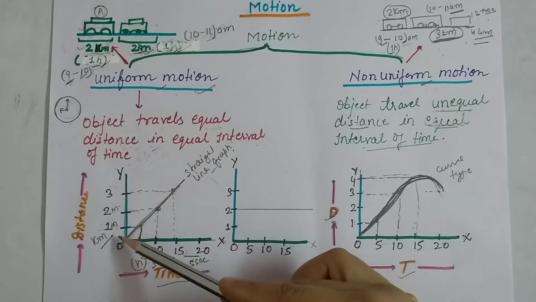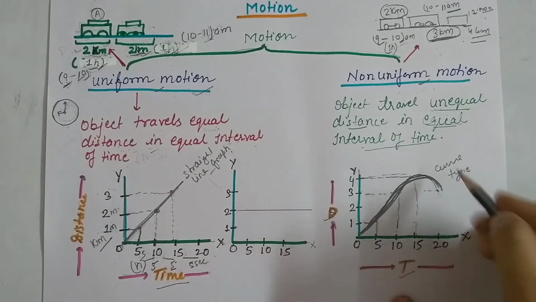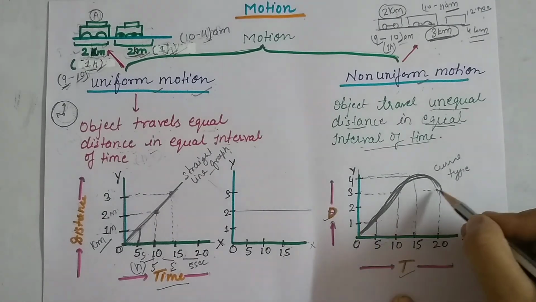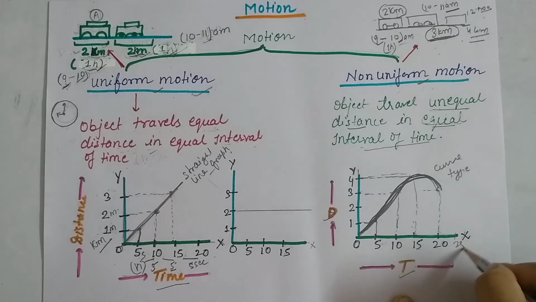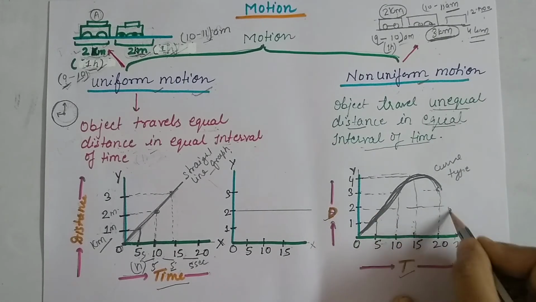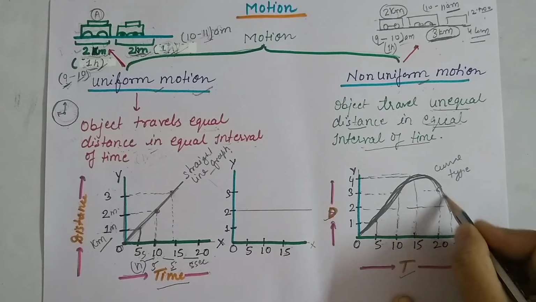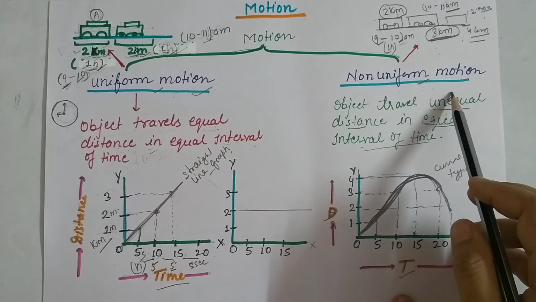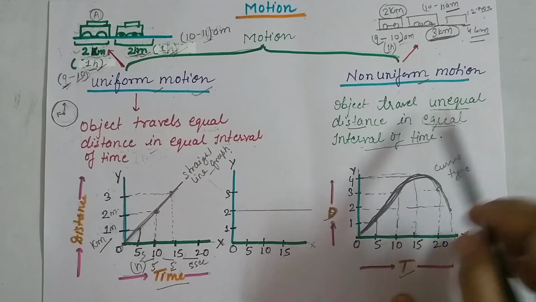In 20 it will cover 3 kilometer. It's a difference. Again at 25 it covers 2. If it is covering 2 kilometer, the graph becomes curve-like in structure. So in non-uniform motion, the object travels unequal distance.